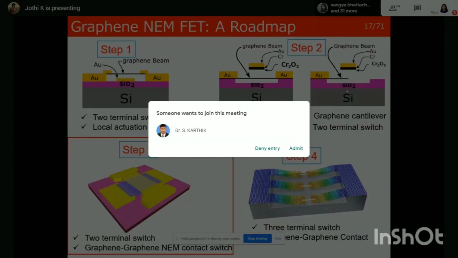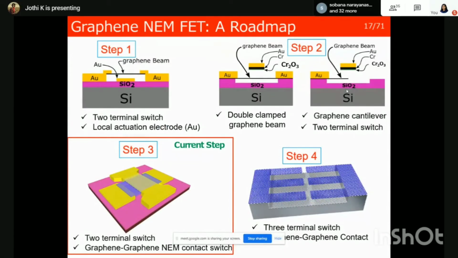To address this, my initial idea was, how about using another 2D material, let's say graphene, as your contact material, and also graphene as your suspended material.